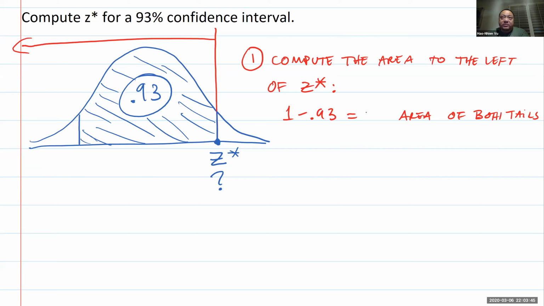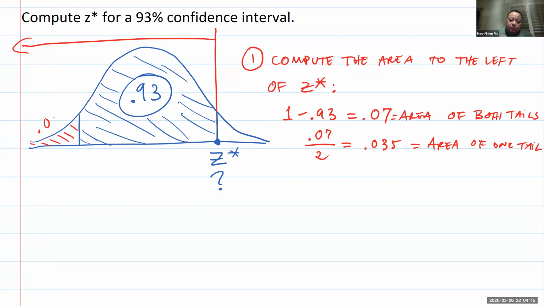So that leaves 7% outside, 7% in the area of both tails. That's 0.07. And I want just the area of one tail. So I divide it by 2, 7% divided by 2 is 3.5%. So this over here is 0.035. There's another 0.035 here, which we are not using.